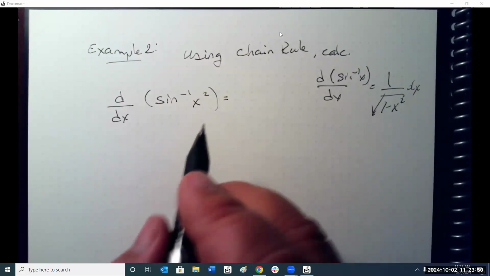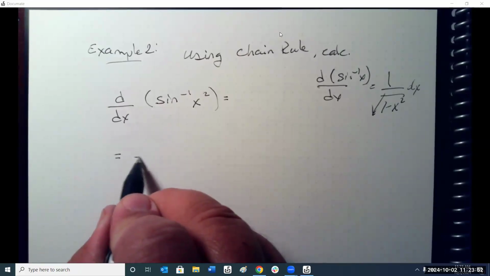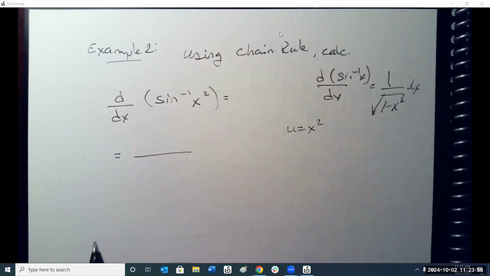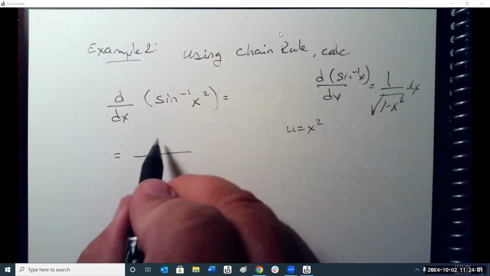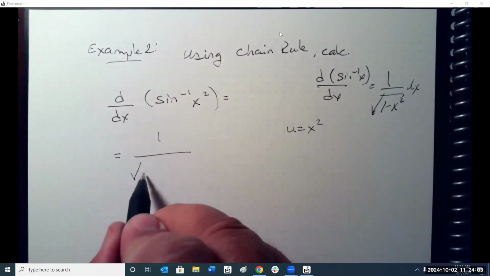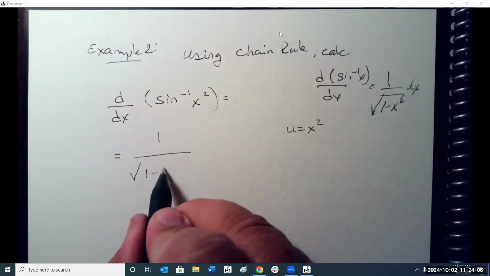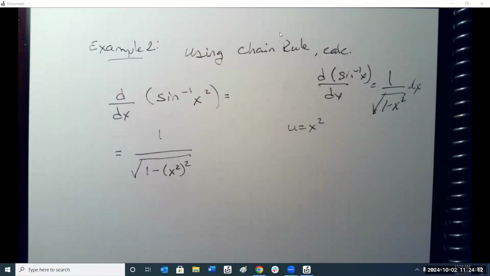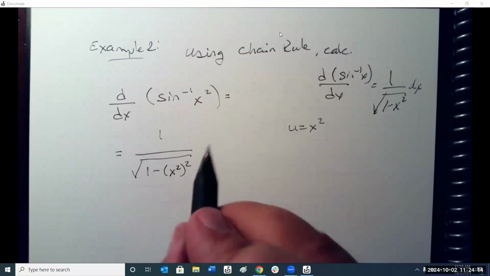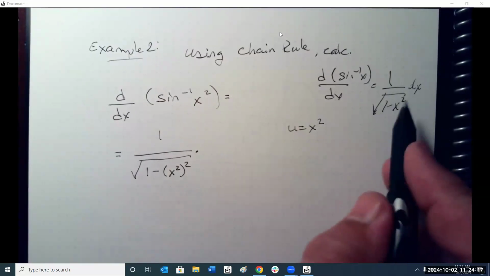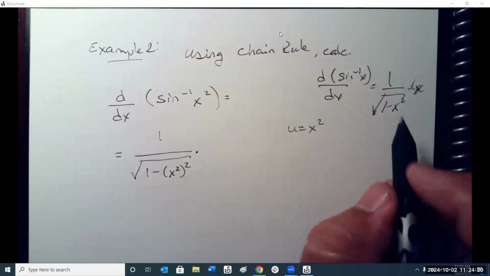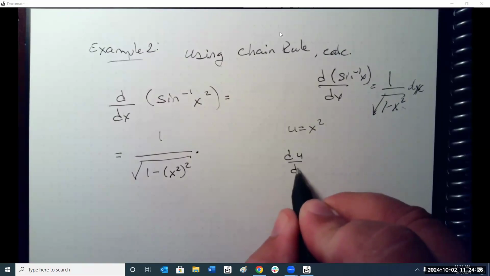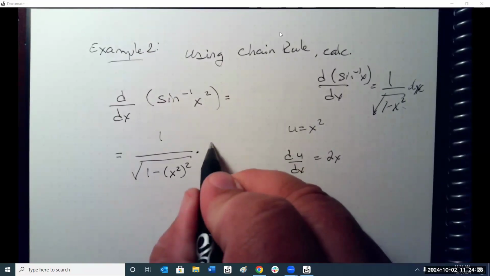So in this one, this is our u. So it becomes 1 over the square root of 1 minus x squared squared. Because that's our u. Times the derivative of our u, times 2x.